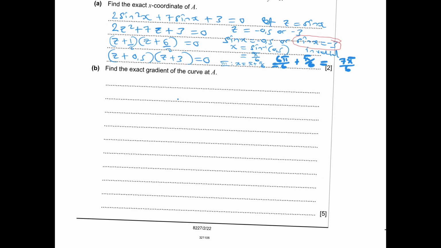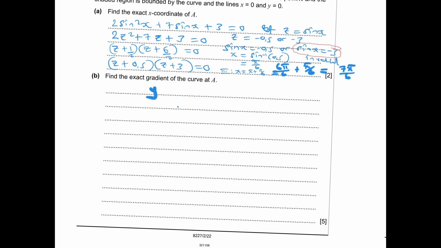We have y, with y is equal to 2 sine squared x plus 7 sine x plus 3. So to substitute that, I'm going to differentiate that. Can we use f? So we are going to have f prime of x, use the notation f prime x.